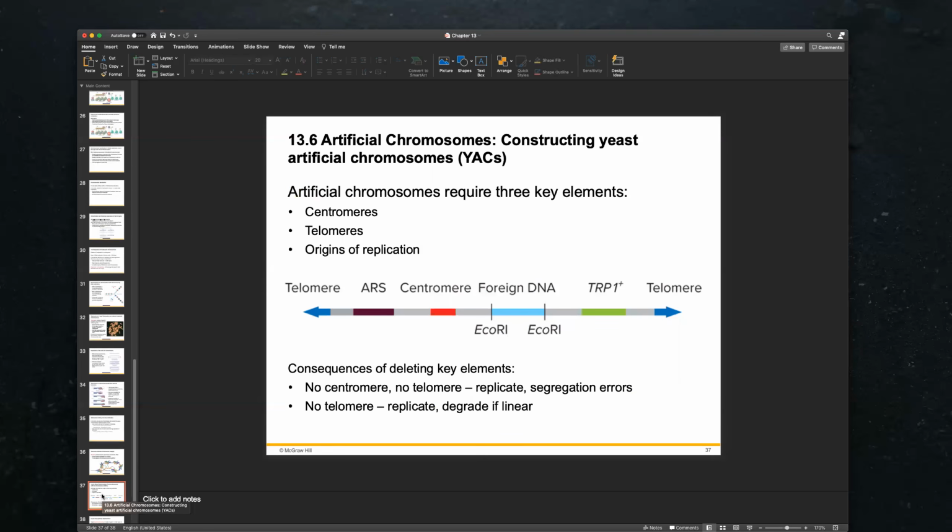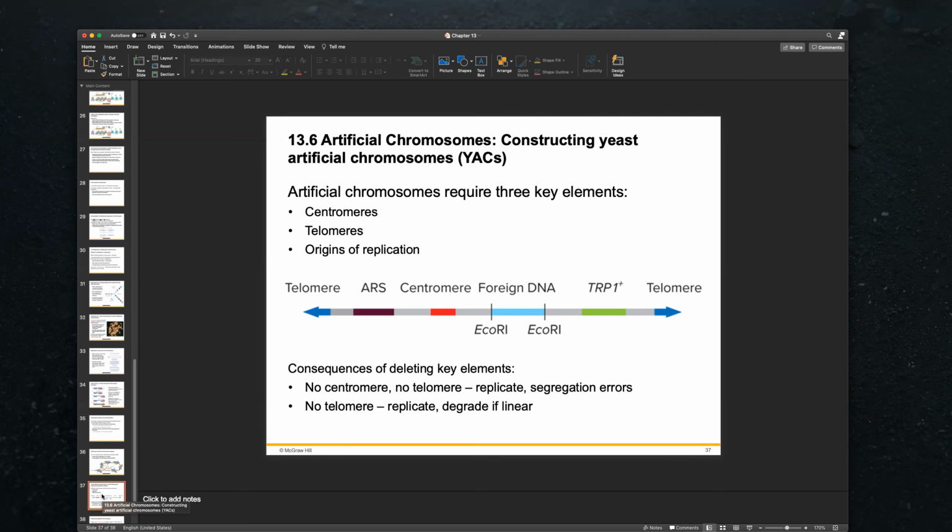Artificial chromosomes, constructing yeast artificial chromosomes. They require three key elements: centromeres, telomeres, and origins of replication. You can see telomeres are obviously at the ends. The centromere is generally in the middle, but of course it depends. There are metacentric and acrocentric, where it's sometimes closer to the top, sometimes closer to the bottom.